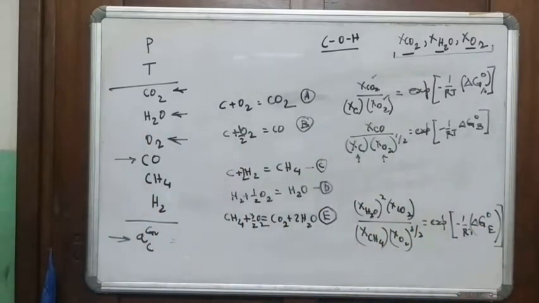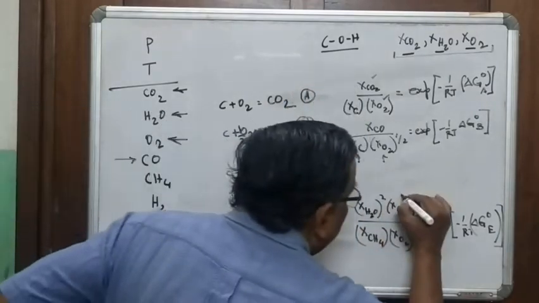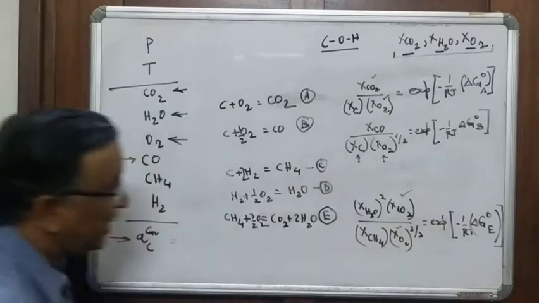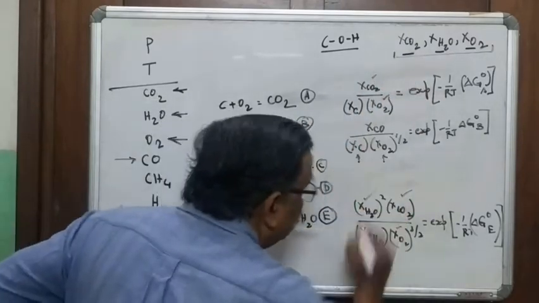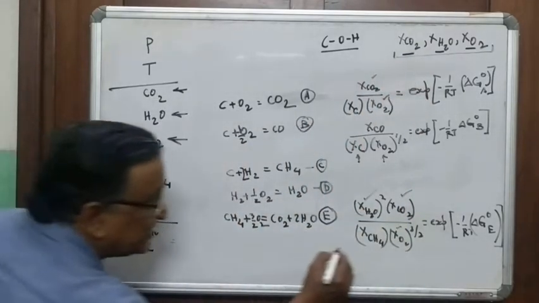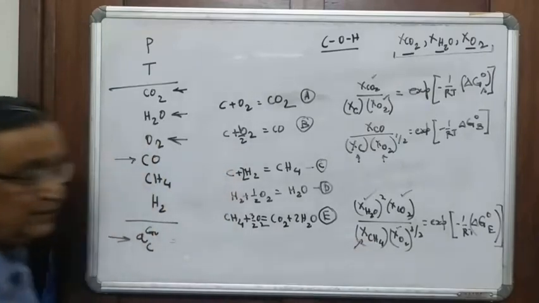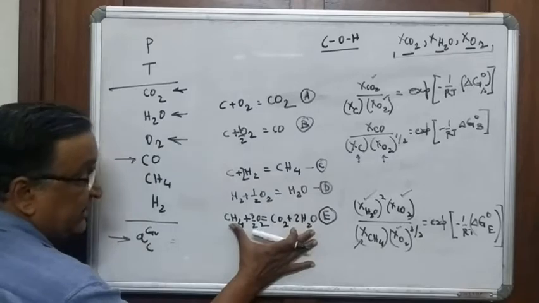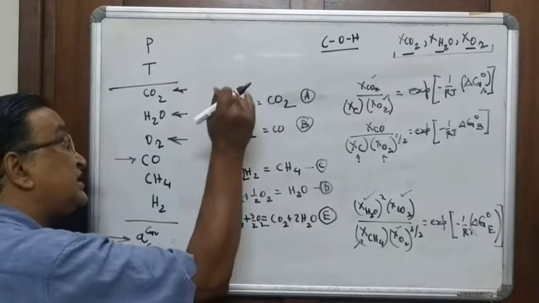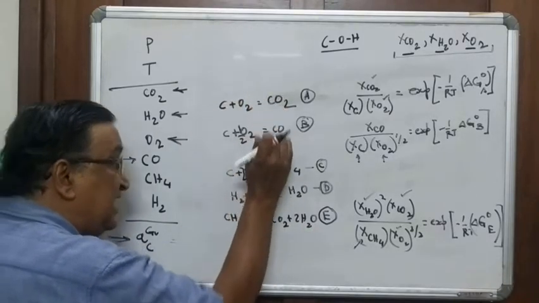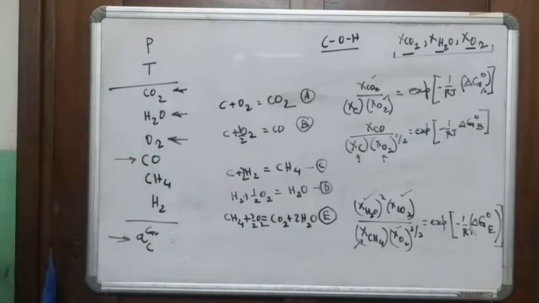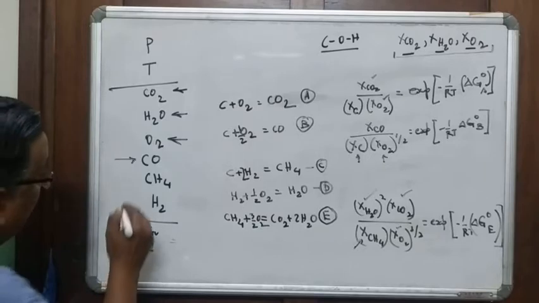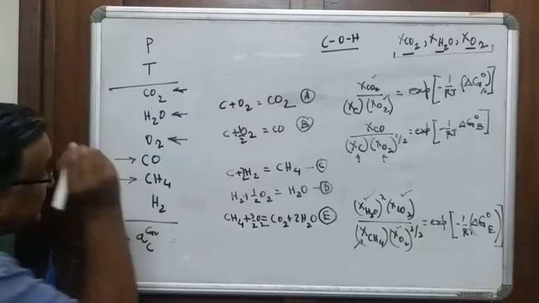Now here, you know XCO2, you know XO2, you know XH2O, so you can find XCH4. So the reactions that I will use are A, B and E.